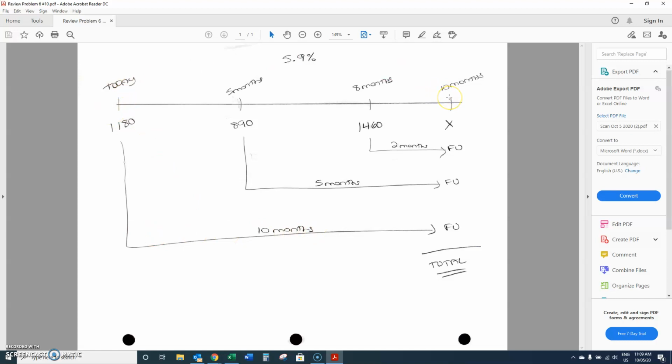Instead, it's going to be received in 10 months. All 3 of these combined would be the total value of this payment. So the future value of each one of these amounts at this focal date, 10 months into the future, would be the amount of money that would be equivalent to these.